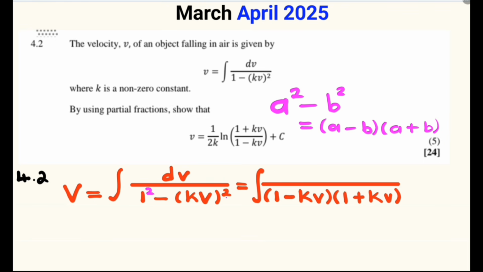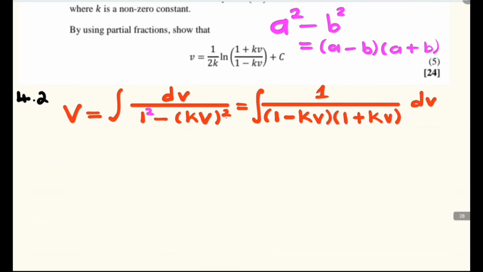Or we can remove that dv, so we can have 1 and place the dv there. In the denominator, we have 1 minus kv and 1 plus kv, so we have unique linear factors.